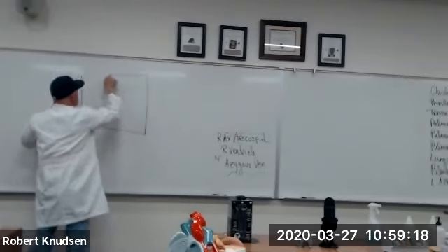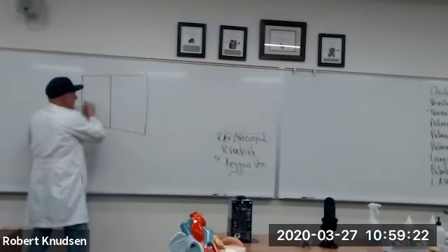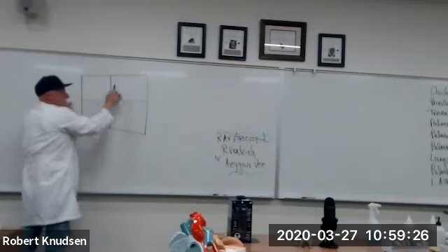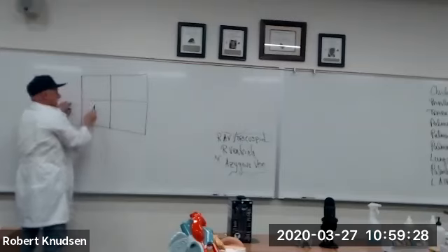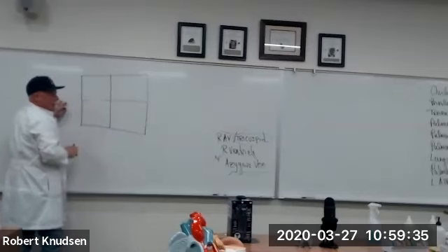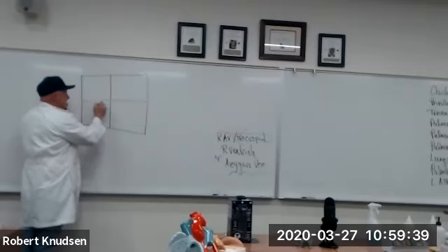So, here's your heart. Here are the chambers, 1, 2, 3, 4, left side, right side. Now, right in the floor of the atria, the ceiling of the ventricle, is a valve.